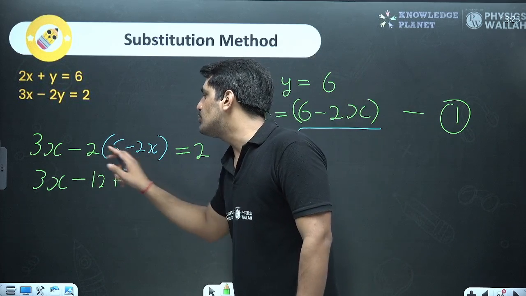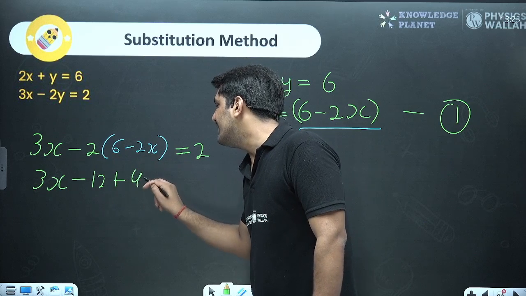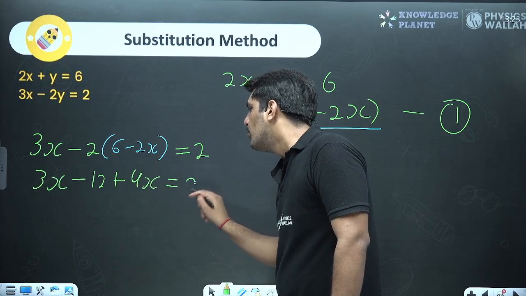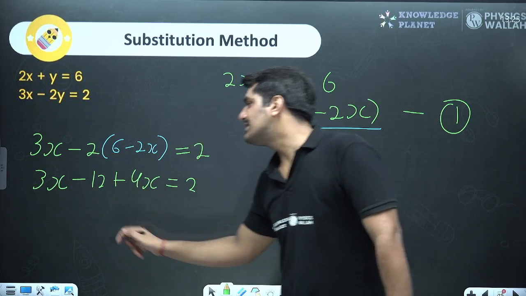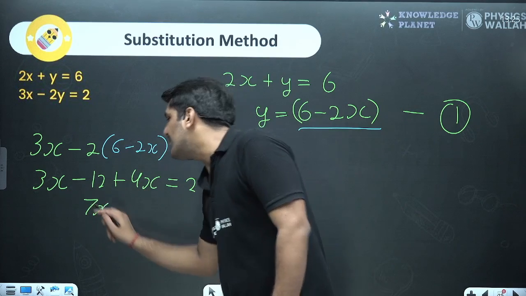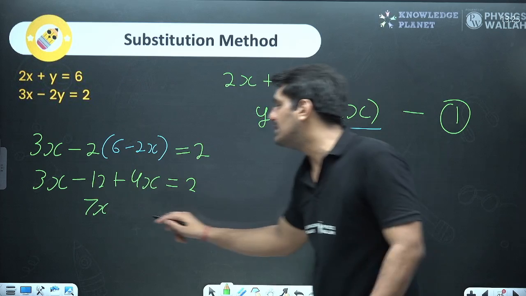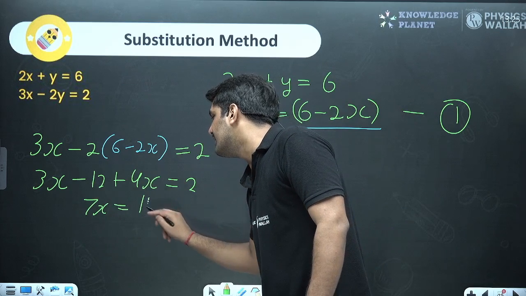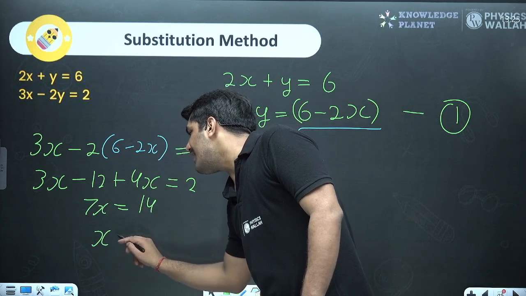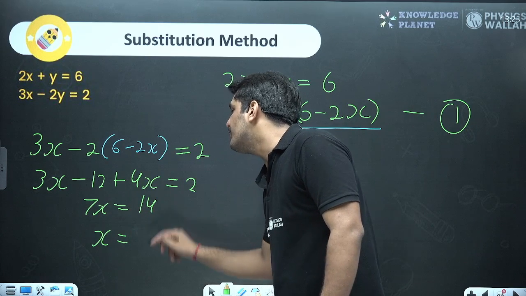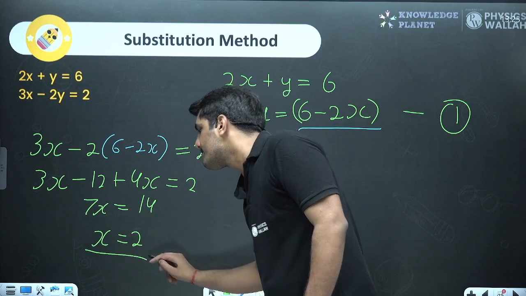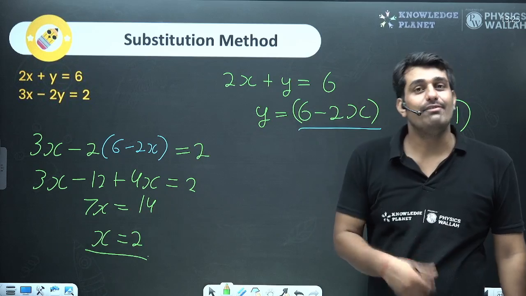Minus minus 2 into 2 is plus 4x equals 2. Now we have 3x plus 4x, this is 7x, and this minus 12 will go on the other side and become positive. So 2 plus 12 becomes 14. From here I have found the value of x to be simply 14 divided by 7, which comes out to be 2. x value we have got, we need to find the solution.